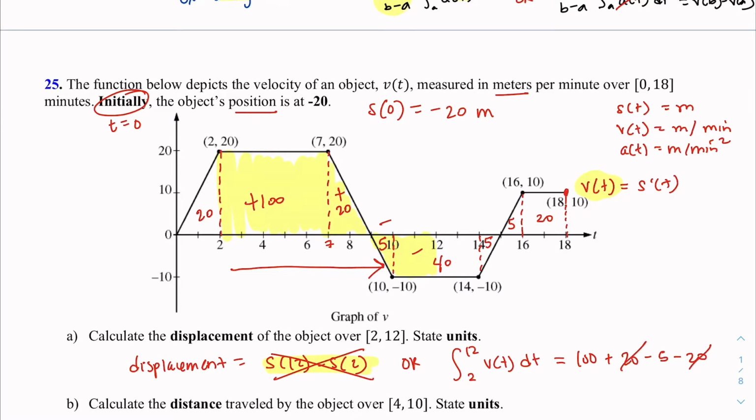These 20s will cancel. 100 minus 5 is 95. We need our units. Well, if we want the antiderivative, the integral of velocity, that means we're not in velocity, but its antiderivative takes us to position. This is 95 meters, which makes sense if you know that displacement is the change in position.